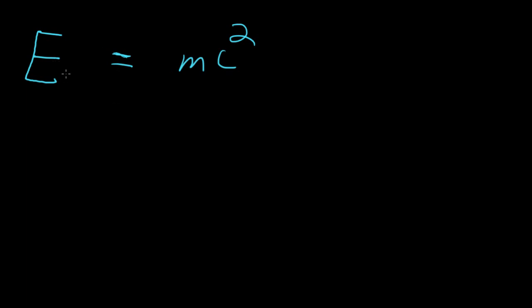So a different form of this would be E sub bind would equal delta m times c squared. And the binding energy is equal to delta m, which is called the mass defect, not the mass effect, the mass defect. And c is of course just the speed of light.